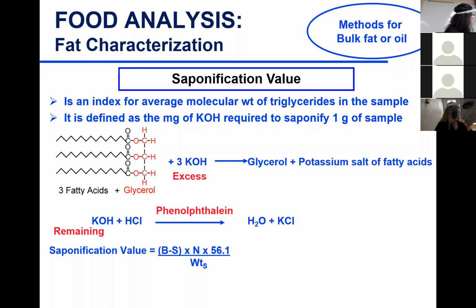If you look at the saponification value, remember it's milligrams of KOH per gram of sample. So there is no multiplication by 100 because it's per gram of sample. We only divide by the weight of the sample. We do not multiply by 100. You also do not have a times 1,000 in the denominator, because we want the value in milligrams, not grams.